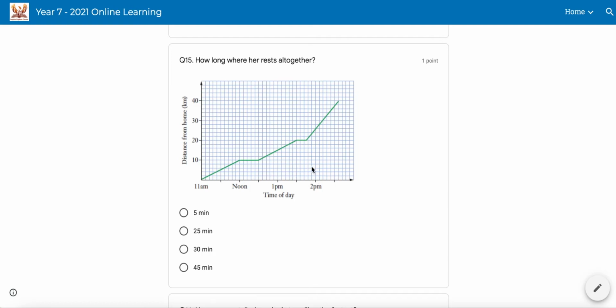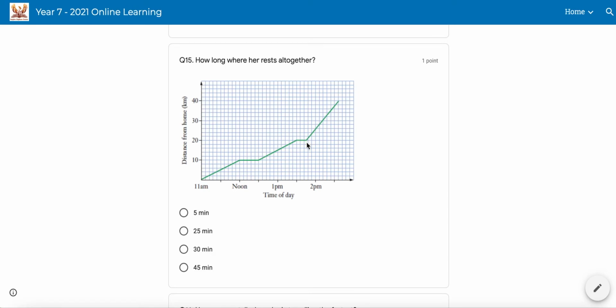So that means that 2.5 is going to be exactly half of 5, isn't it? So it's going to be exactly halfway between this point here, which we said was 1:30, and 2. So halfway between 1:30 and 2, what's the time going to be? 1:45. So the break lasted from 1:30 to 1:45. And how many minutes is that?